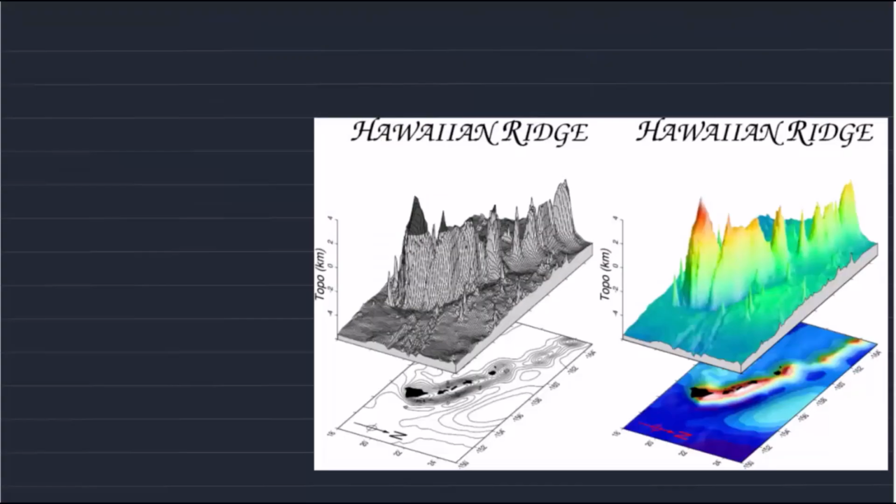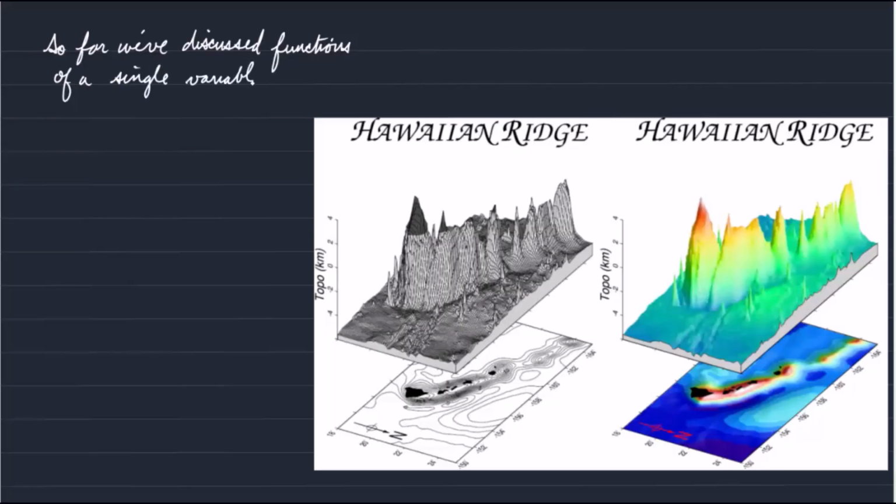Now, so far, we've discussed functions of a single variable. For example, when we talk about f, a function of x, this means that f varies only with x. And we've referred to x as the independent variable.